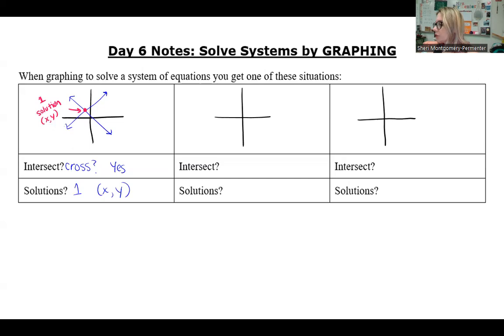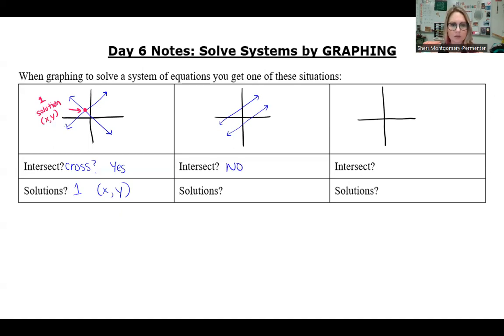The next situation that can happen are these 2 types of lines. Are those lines going to intersect? No. Why?